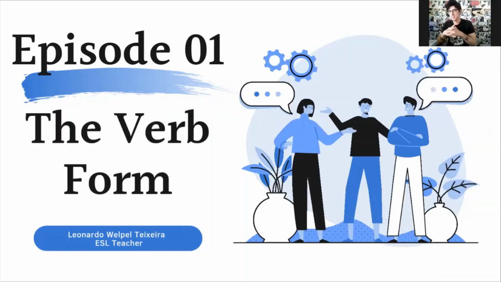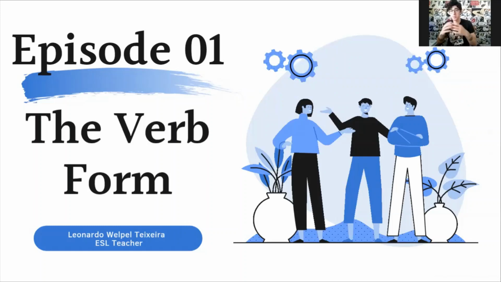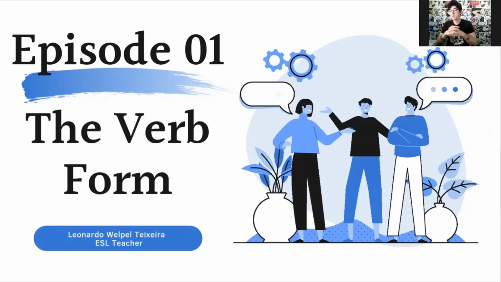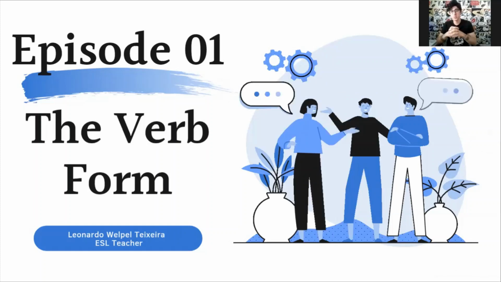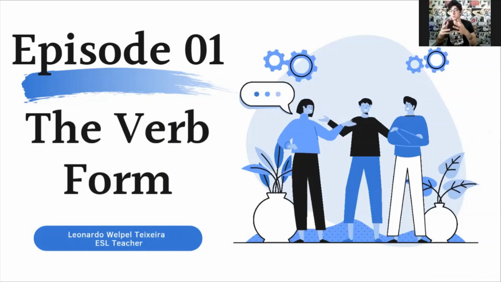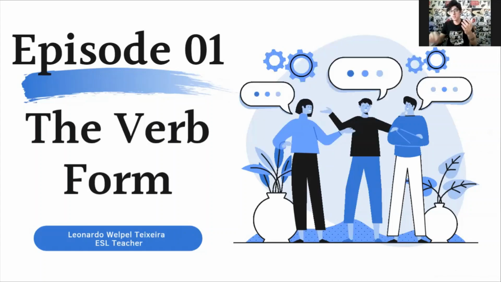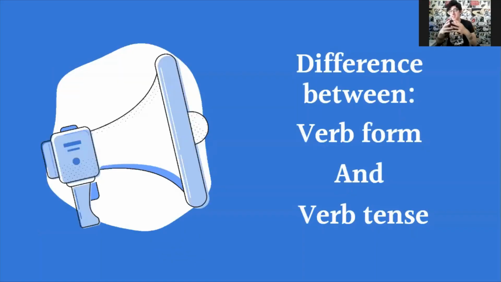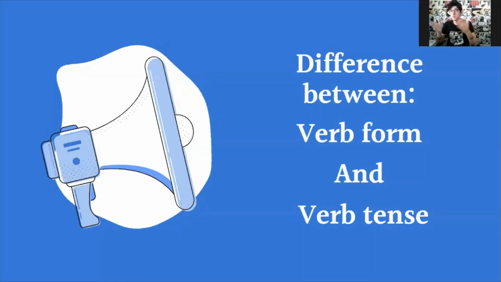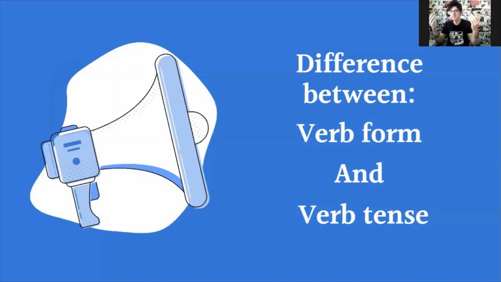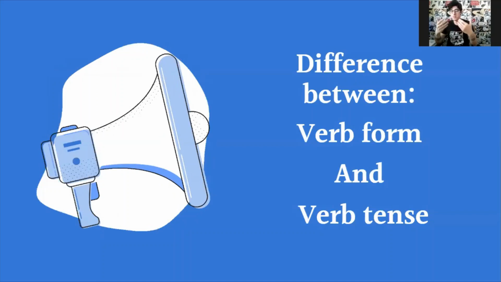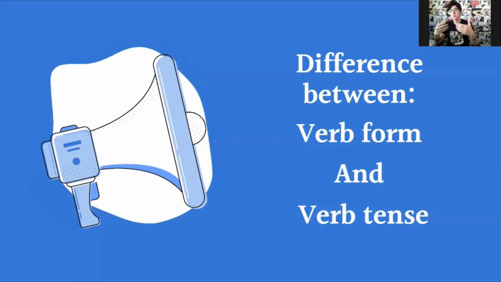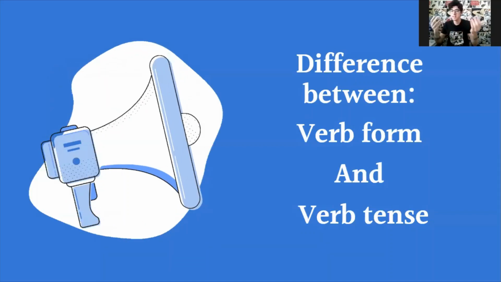So let's start here. This is episode number 1, where we are going to discuss exactly the verb form. The first thing we need to know is the difference between verb form and verb tense. Verb form is how the verb is conjugated in a sentence.